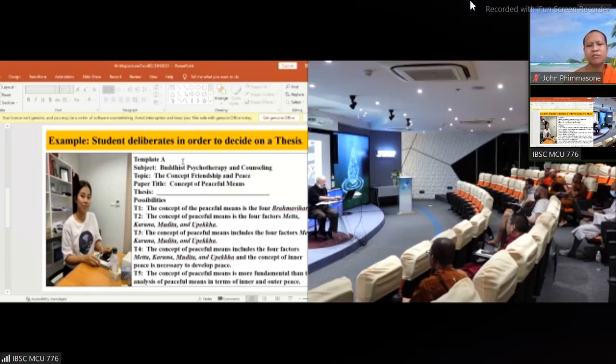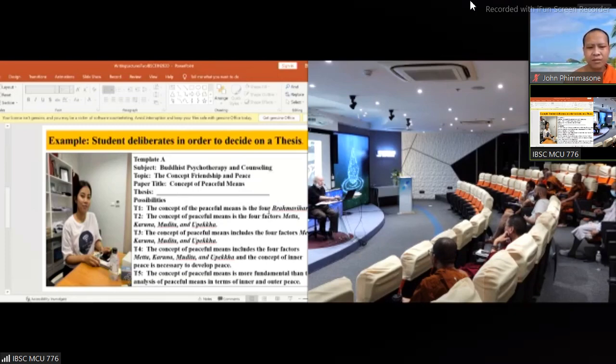Here she has template A. In a course on Buddhist psychotherapy and counseling, she writes subject, Buddhist psychotherapy and counseling. Topic, the concept of friendship and peace. Sounds good so far. Paper title, concept of peaceful means. Thesis, I'm totally stuck. So let me list the things that could be my thesis.